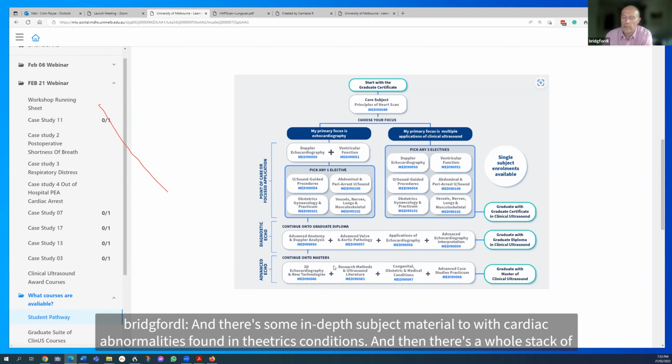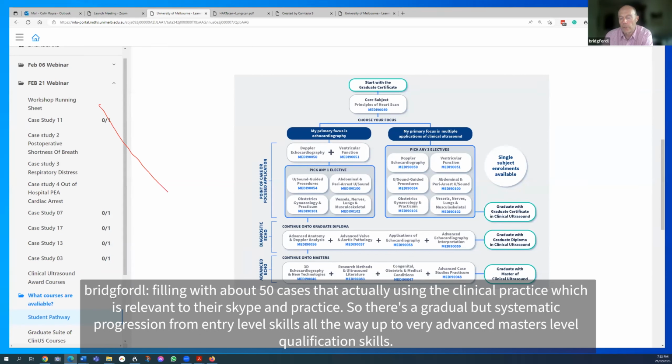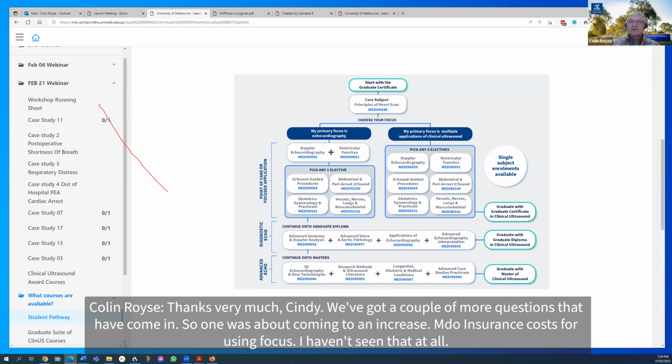And then there's a whole stack of mandatory case studies to read and comment on as you go by, and also a logbook, which we expect people to fill in with about 50 cases that they've actually used in their clinical practice, which is relevant to their scope of practice. So there's a gradual but systematic progression from entry-level skills all the way up to very advanced master's level qualification skills. Thanks very much, Lindsay.